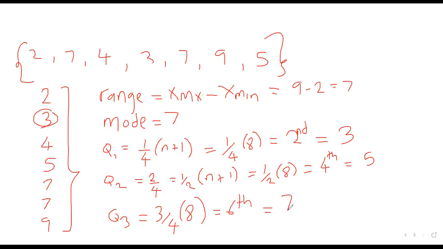All right, so I think we did this in the first class we had, just a recap. So here we've established 3, 5, 7. So we can draw a box whisker diagram based on what we have.